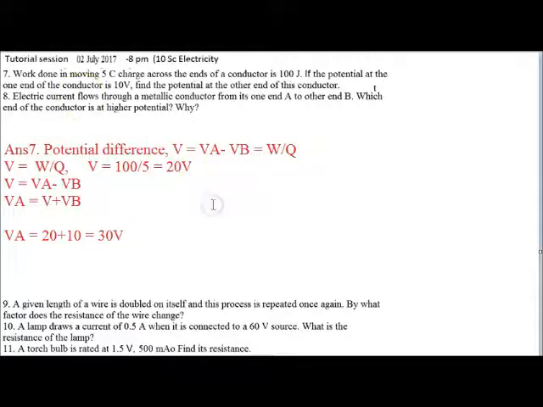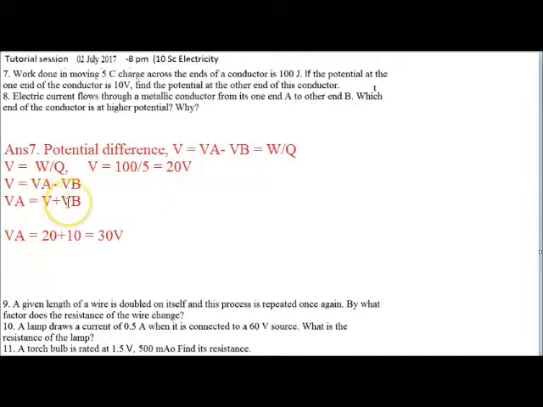Right? Subsequently, now we know V, the potential difference. But as you are aware, V is equal to the difference in two potentials, that is VA minus VB. Or if we take VA, it comes out to be V plus VB, right? So calculate VA. So VA is equal to V. Already we have calculated the potential difference here, which was 20 volts.